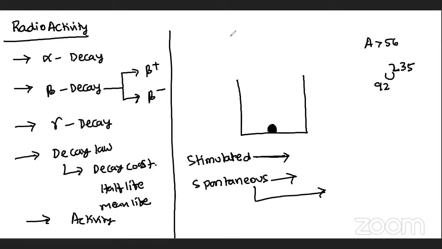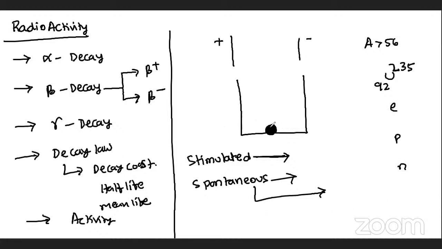Now see here, near this radioactive element, let us consider a positive plate and here a negative plate. In the radioactive element we have electrons, protons and neutrons.